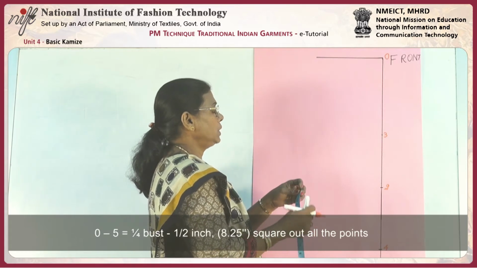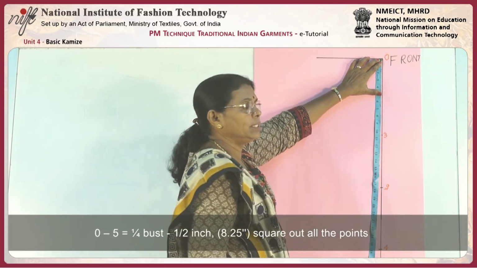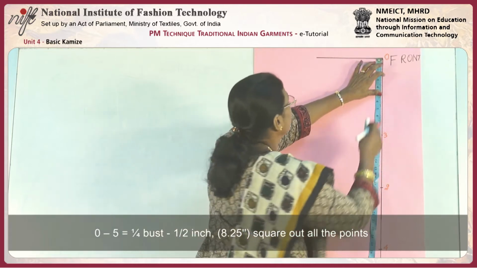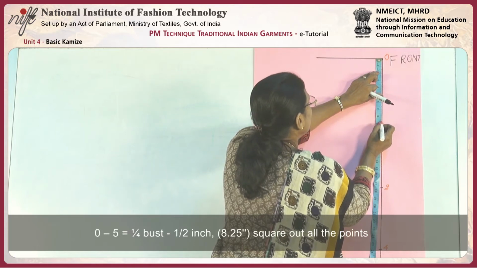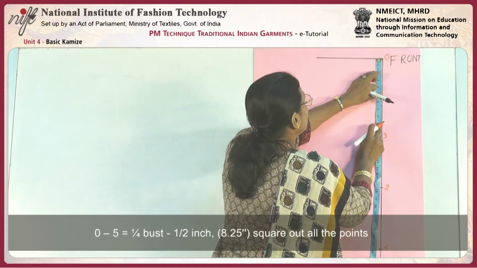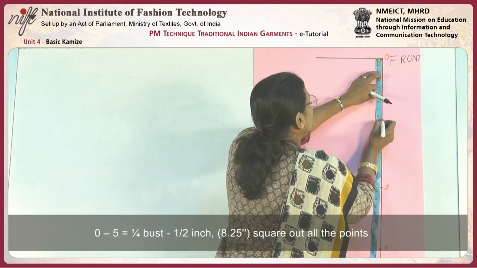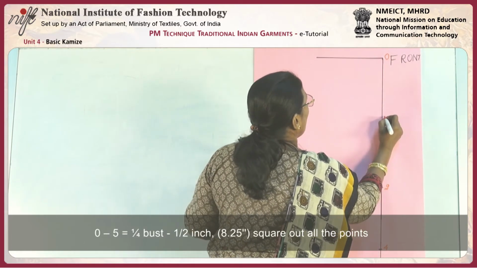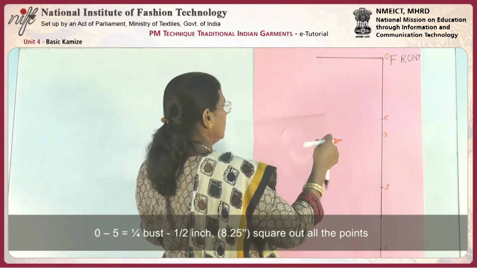Now the chest line 0 to 5 is the same as the back, bust by 4 minus half an inch. So 8.65 is 1/4 of bust. Then 8.25 may be the mark, and mark 5 and draw the horizontal lines.